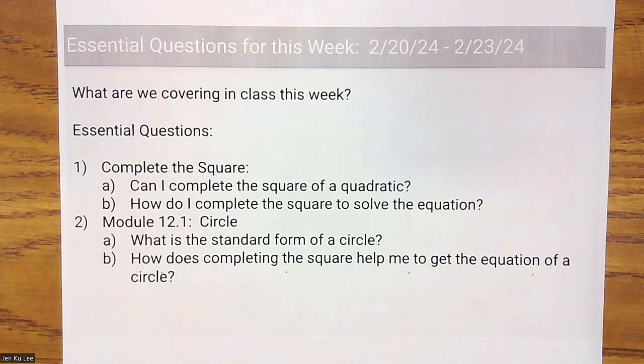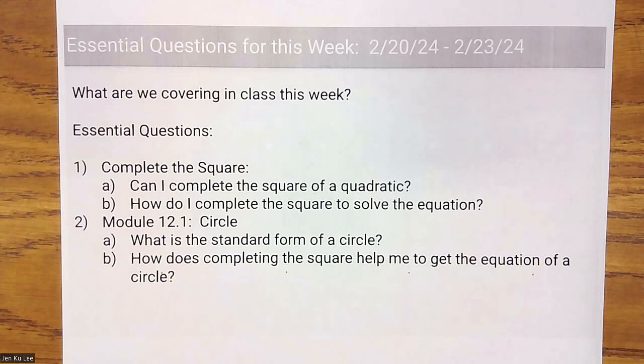But the skill of completing the square, you guys need to learn because that is the basics of what 12.1 is, and that's on circles, and we're going to cover that next time, and we'll cover those essential questions next time. But we need this skill to move on to learn about circles, okay?